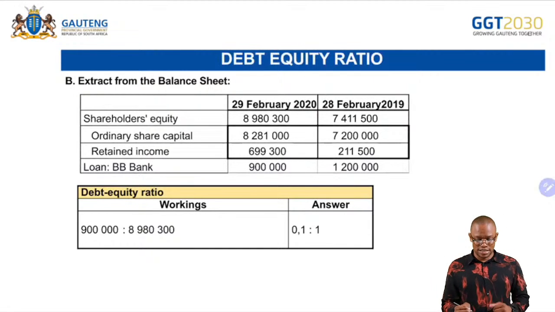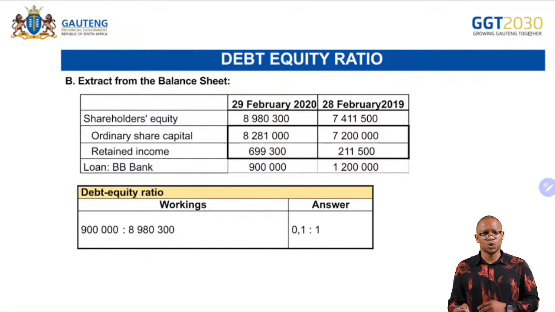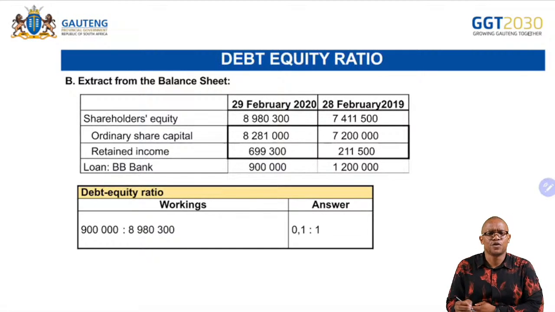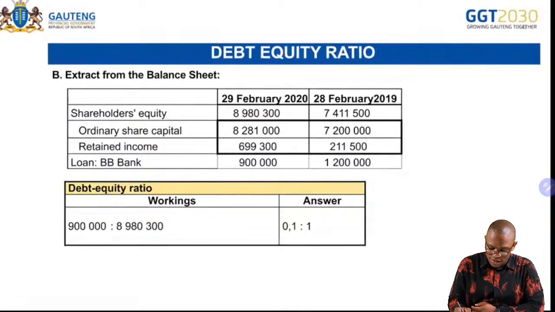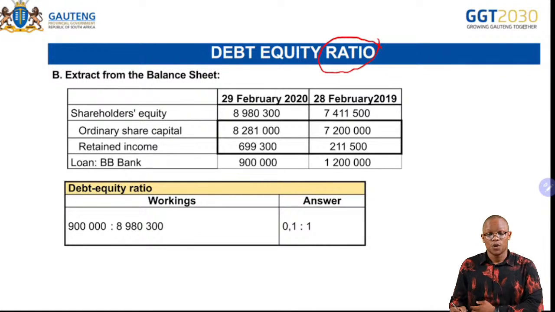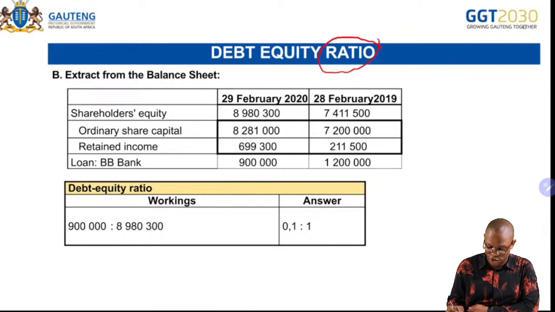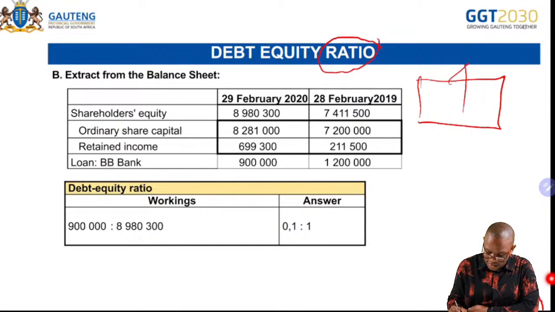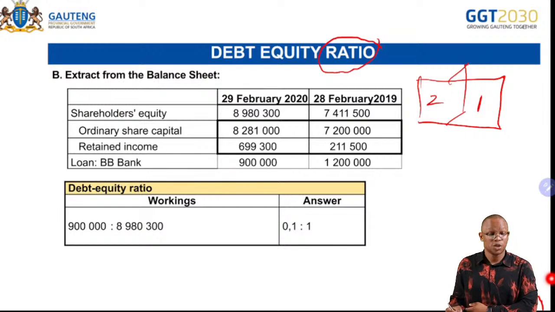Let me give you guidance on how to master them. If you see a financial indicator with the surname ratio, I usually tell learners they must remember a tennis court. A tennis court will have player 1 and player 2.